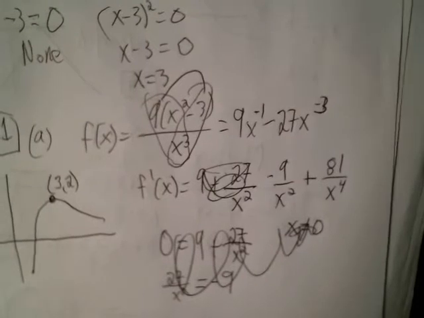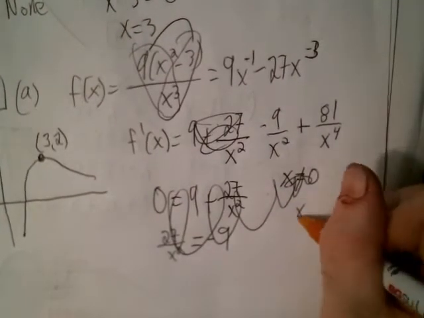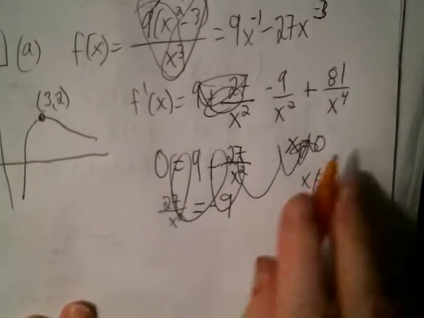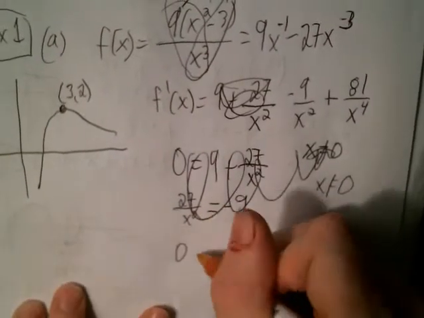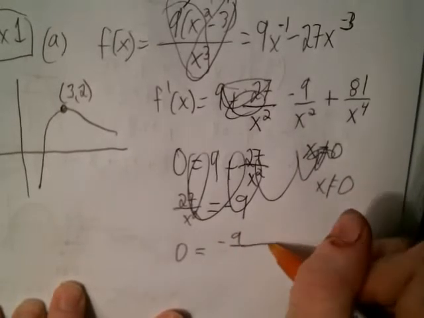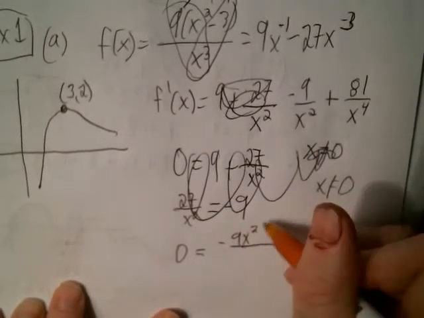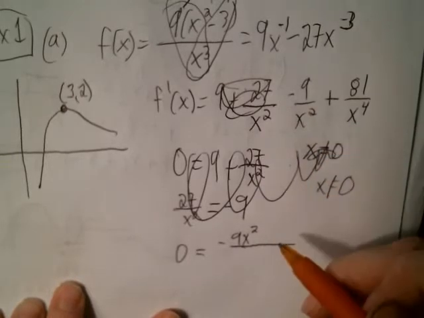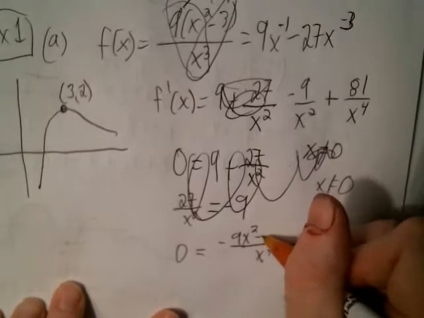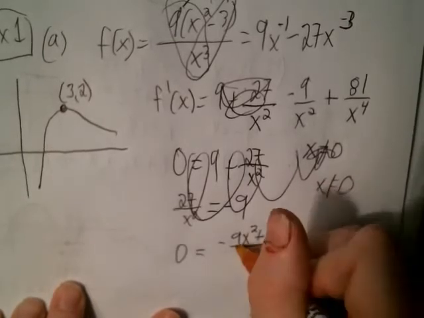But again, the x equaling 0 case, we have to exclude that and just set the thing equal to 0. So 0 is negative 9 all over x squared, and let's find a common denominator, multiplying top and bottom by x squared, so the common denominator is x to the 4th, and then plus just 81.